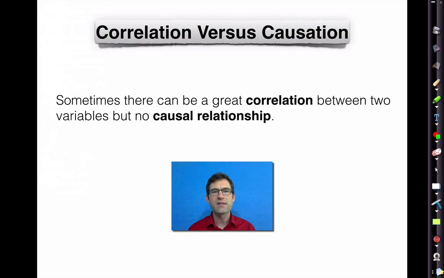Causation, or a causal relationship, is literally when one variable getting larger causes the other variable to either get larger or smaller. That's causal. So this is an important thing to understand about statistics, something that you'll definitely be tested on a Common Core exam. So let's take a look at some examples to clarify it.